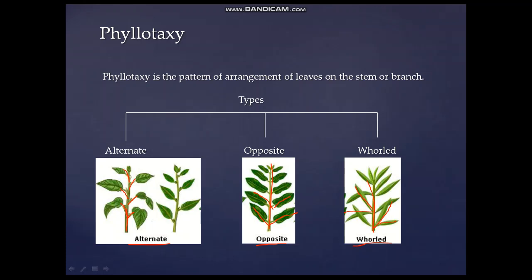And then we discussed the phyllotaxy. On the basis of arrangement, leaves are arranged into three types: alternate, opposite and whorl. Example of alternate is China rose, in case of opposite, Calotropis, and in case of whorl, Alstonia.